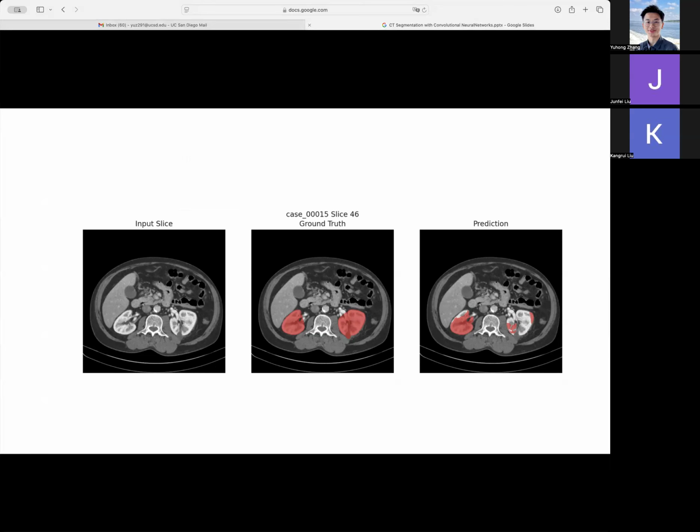This slide illustrates a challenging case where the convolutional neural network partially over-segments the kidney region, highlighting areas for further model refinement.